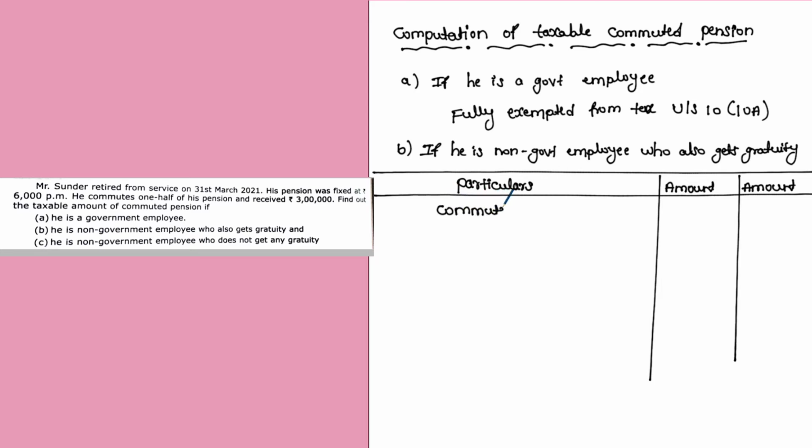Commuted pension received. So how much pension did Mr. Sundar receive? 3 lakhs. Less: least of the following.